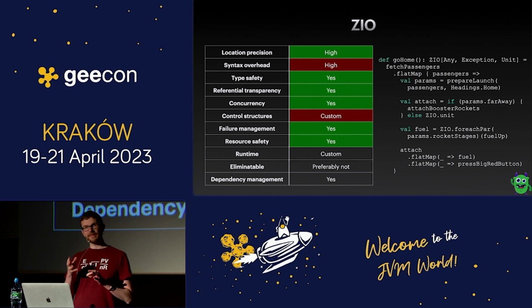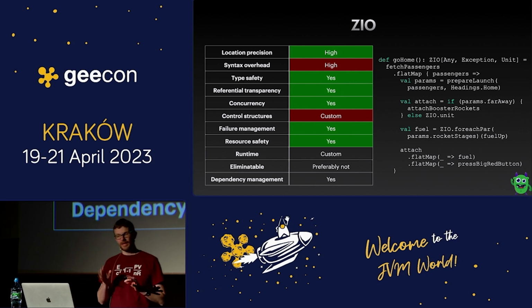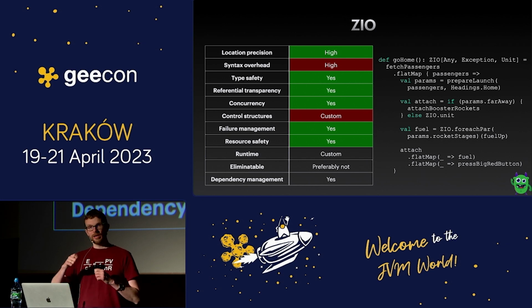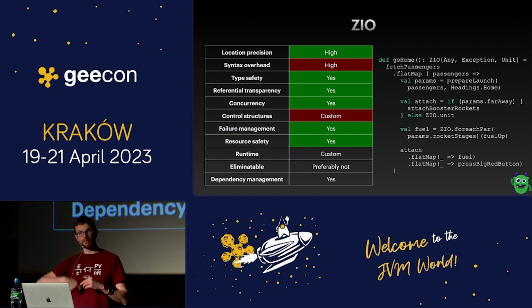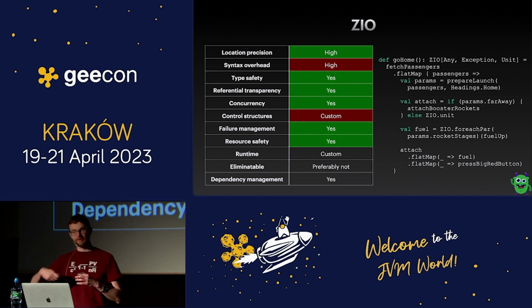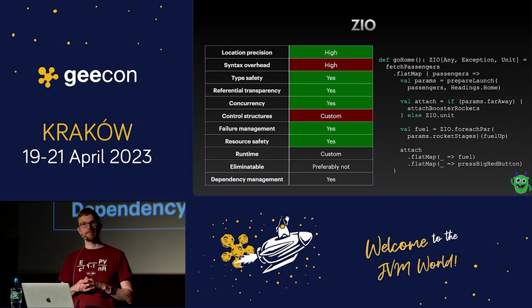So that's a bit like checked exceptions, but with polymorphism, because you can write methods which transform a ZIO computation whatever the error type might be.